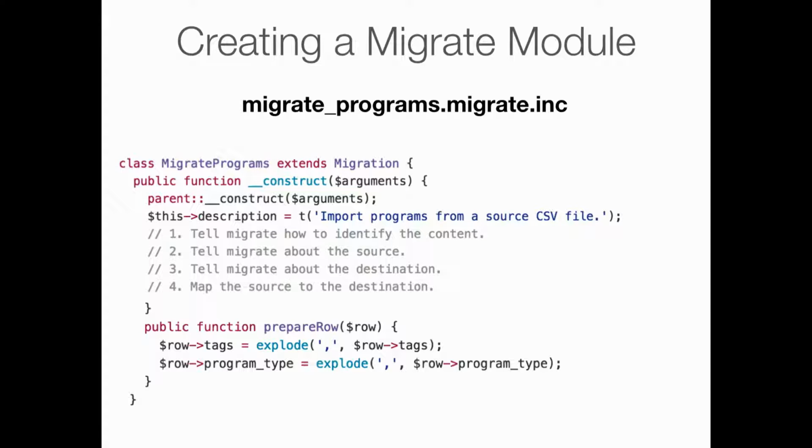So this code here goes in my migrate_programs.migrate.inc file that I've set up for this migration. I might have more than one migration going on, but this will just define the migration for the program content type.